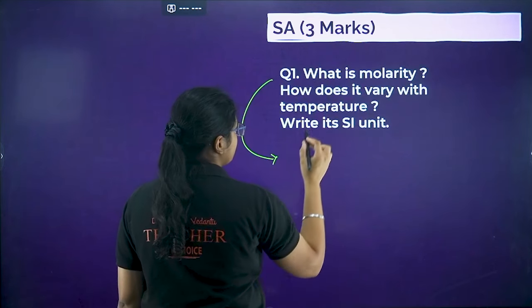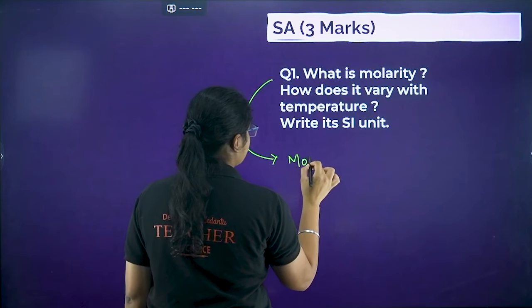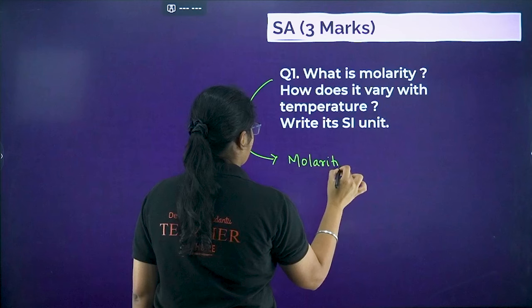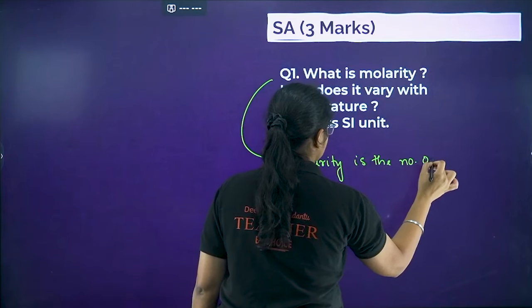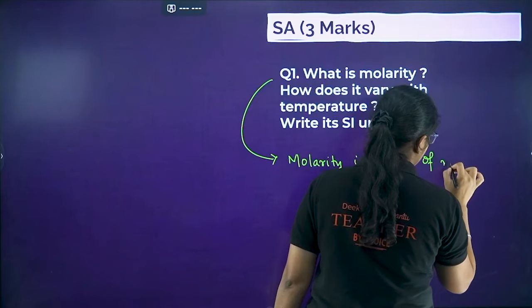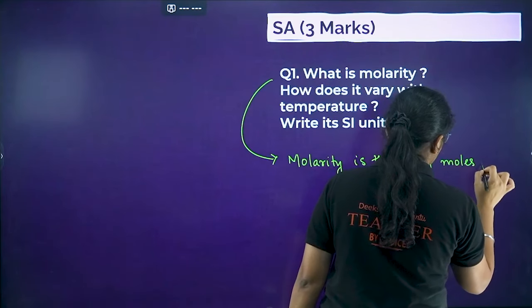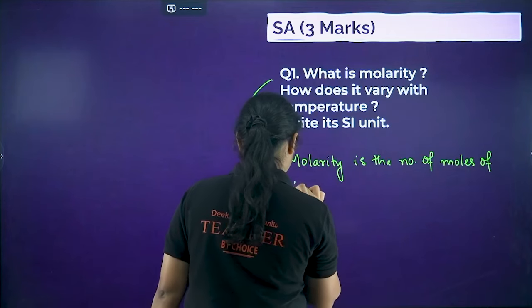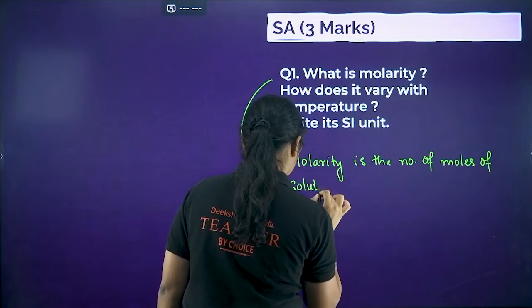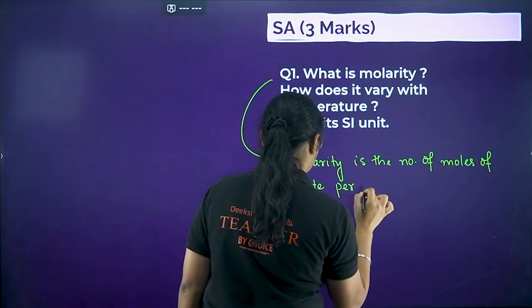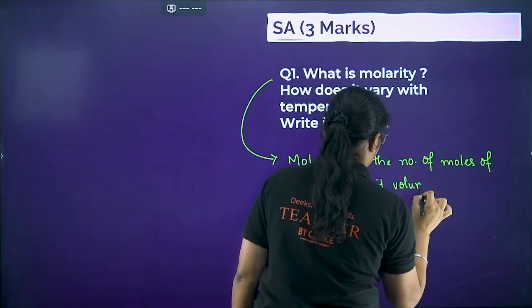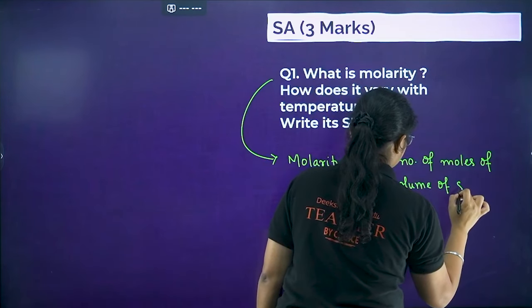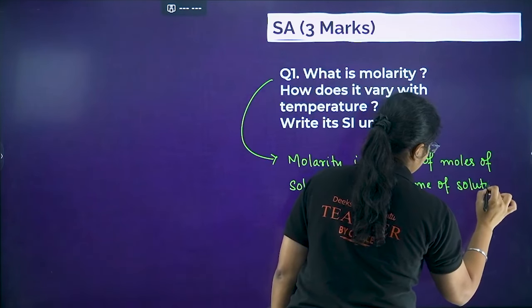The first part, molarity, you can write down, molarity is the number of moles of solute per unit volume of solution.